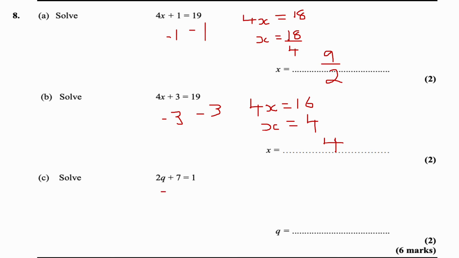If I subtract 7 on both sides, I get 2q is equal to negative 6. Okay, carefully, remember that 1 take away 7, my answer becomes a negative, yeah, because I'm taking away a bigger number. Okay, so 1 take away 7 is negative 6 or minus 6. Dividing both sides by 2, I get q is equal to negative 3.